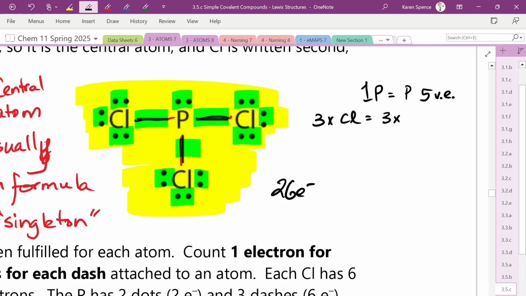Chlorine has how many valence electrons? 7 valence electrons, which gives us 21 valence electrons. So in total, we have 5 plus 21 is 26.